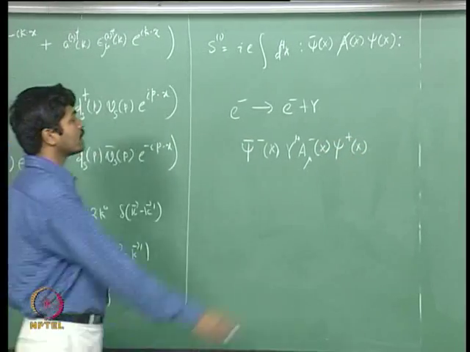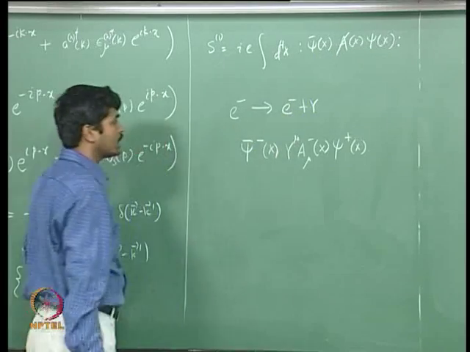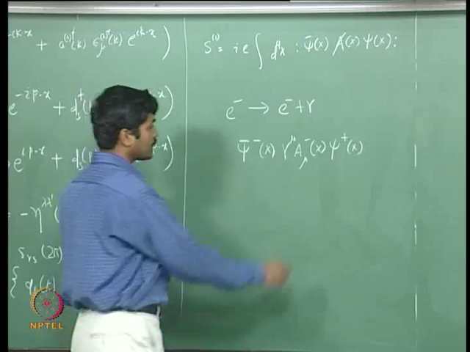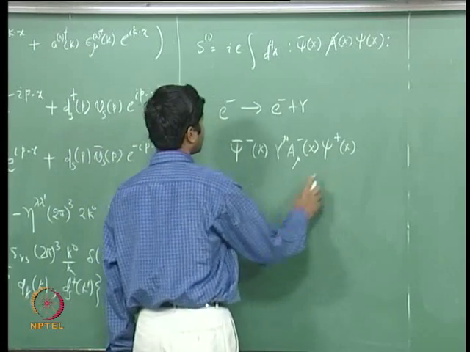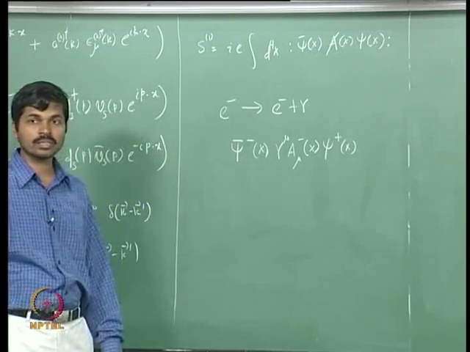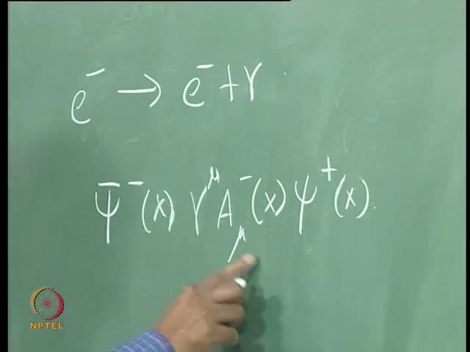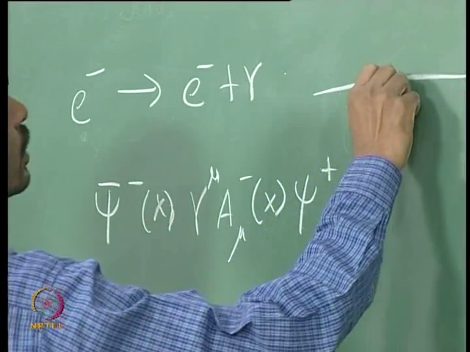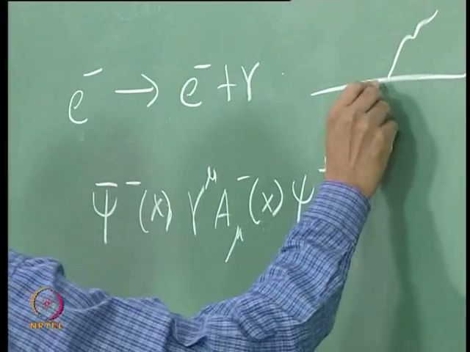One of the terms in this normal ordering is given by this, and this psi plus represents annihilation of an electron at x, whereas A mu minus and psi bar minus represent emission or creation of an electron at the space time point x.